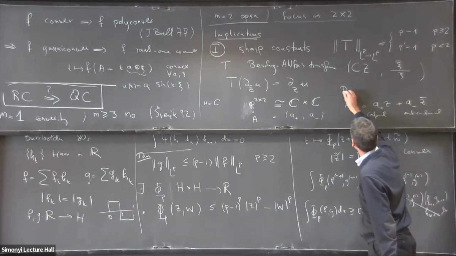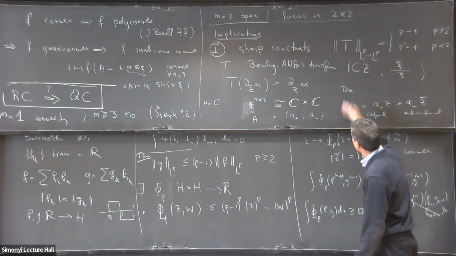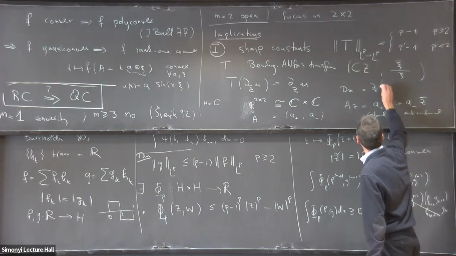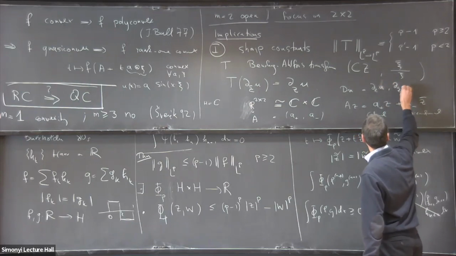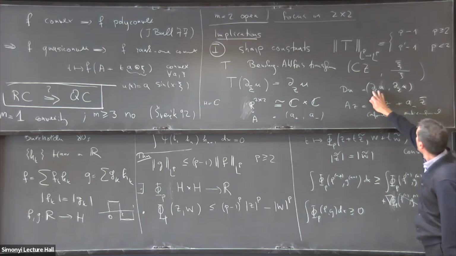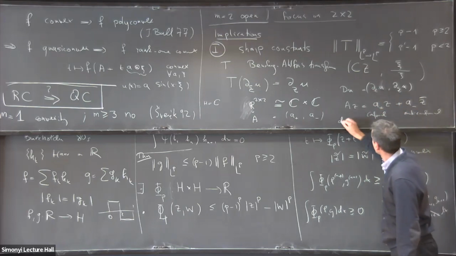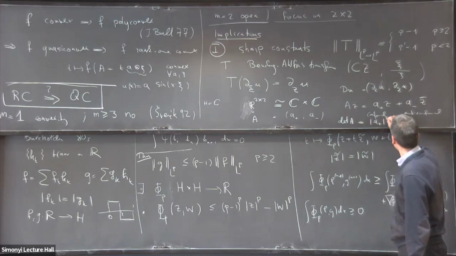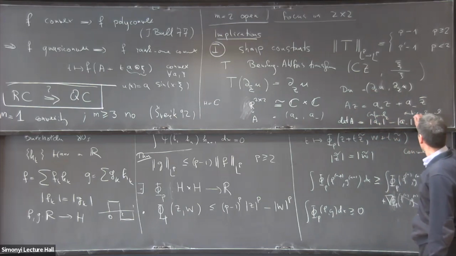So if I have a 2 by 2 derivative, then this would be the Z derivative of U and the Z bar derivative of U. What is important is that the determinant of A is equal to the modulus of A plus minus the modulus of A minus.